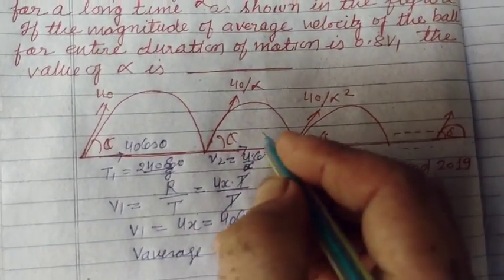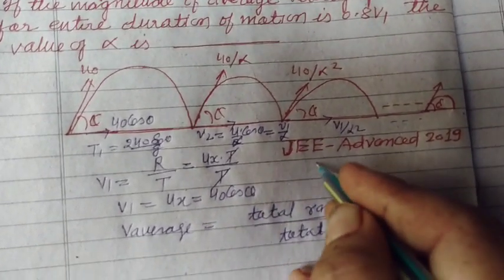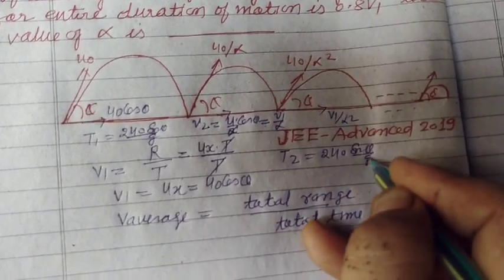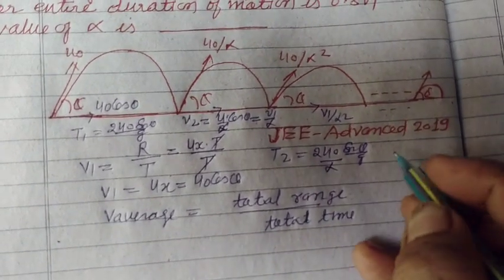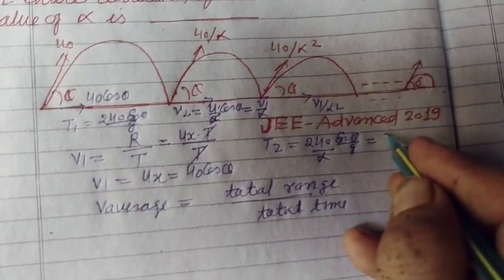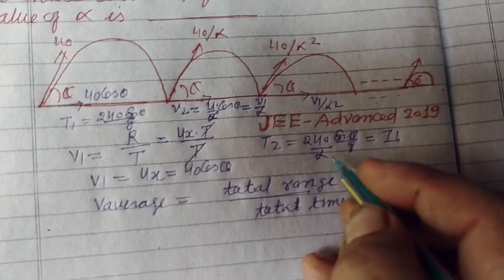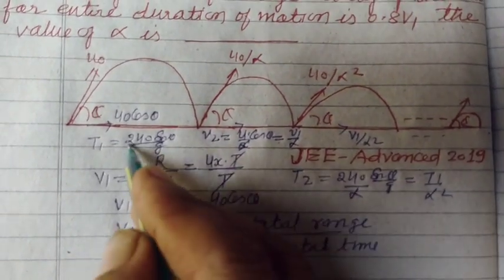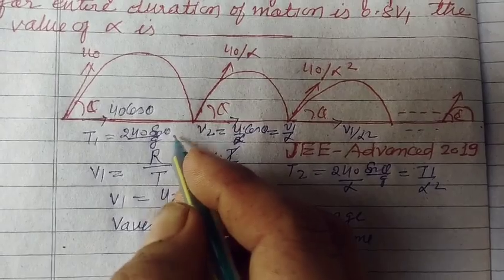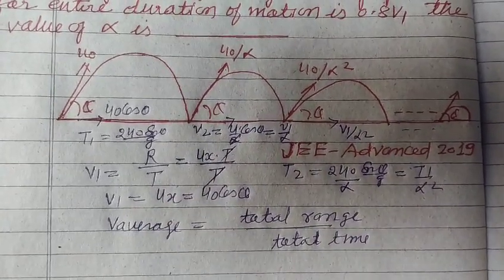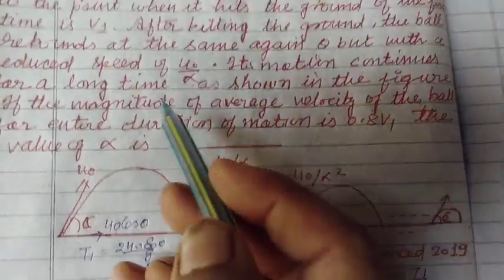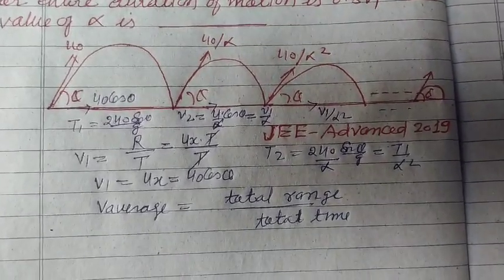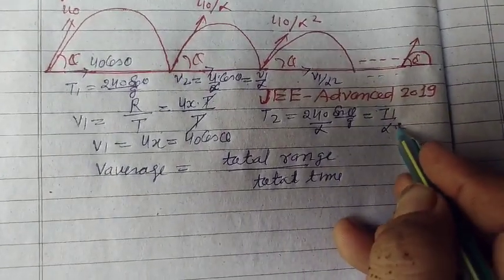Okay, and here the time in the second, t2, equals 2u0 sin theta upon g upon alpha, and this is what? t1 upon alpha, because when we put t1 equal to 2u0 sin theta upon g, the speed is given to us as u0 upon alpha.